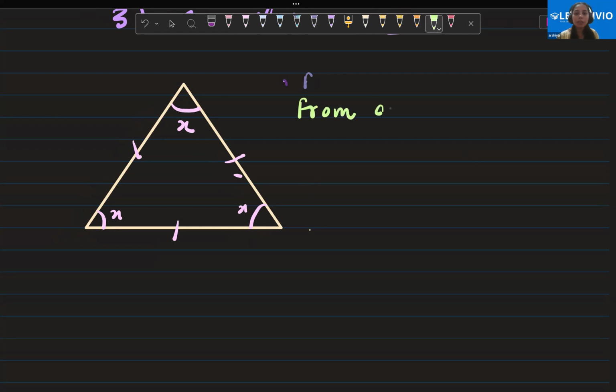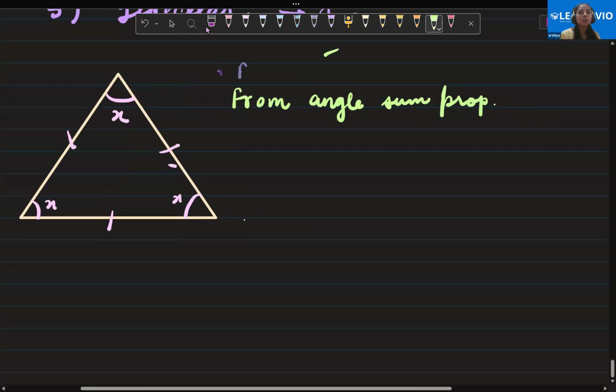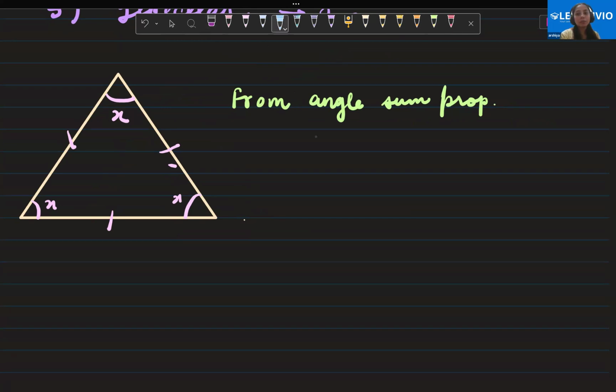What does the property say? We did it, what does it mean?